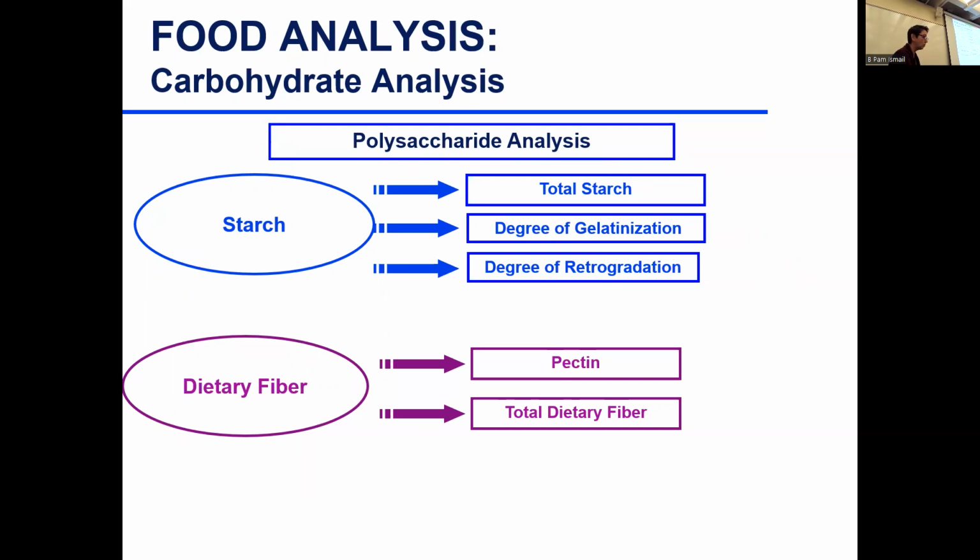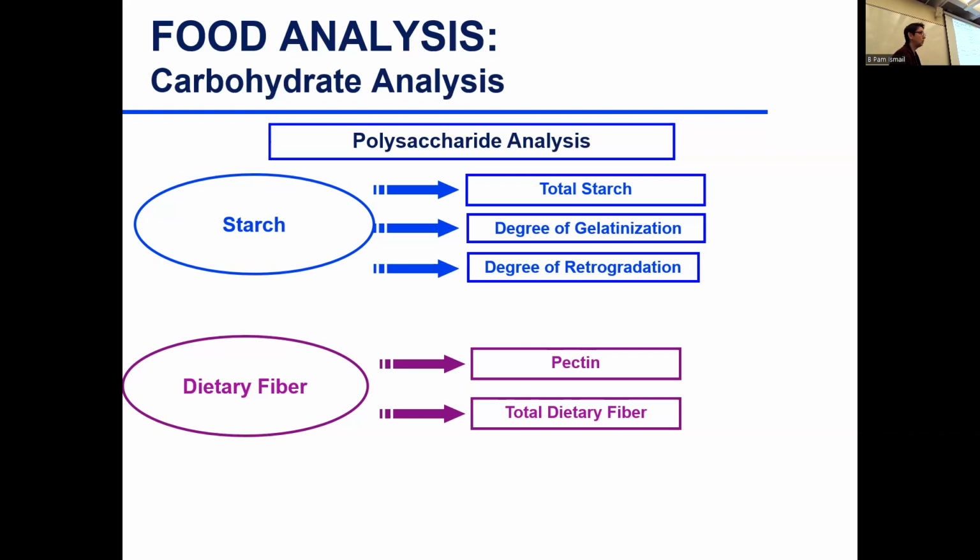So we want to know under which conditions the different starches that go into our formulation can gelatinize. So we can choose different starches in our formulation. Another thing is starch retrogradation is important from a health perspective and from a texture and liking perspective. Sometimes starch retrogradation is important, like in pasta making.